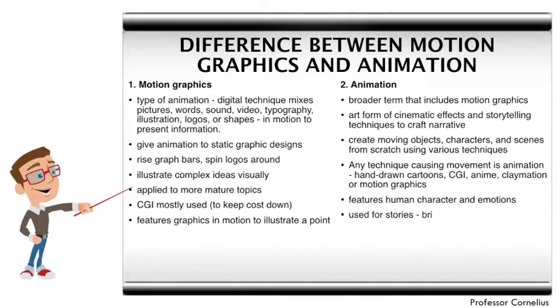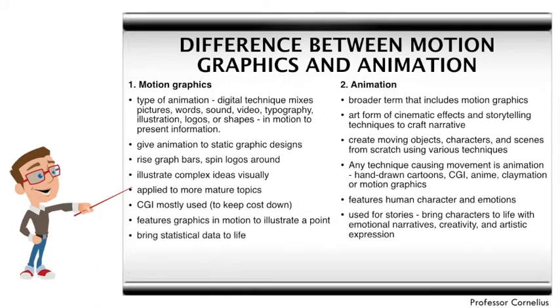Animation is used for stories that can bring characters to life with emotional narratives, creativity, and artistic expression. Anyone who's seen a Pixar film knows that animation can be a powerful storytelling medium. Motion graphics can bring statistical data to life.